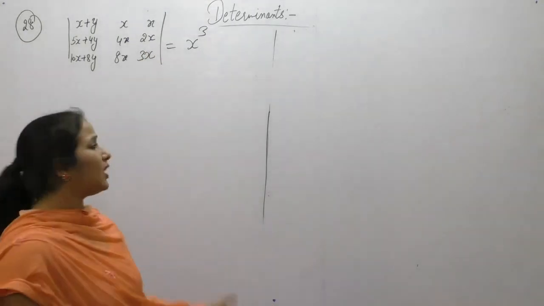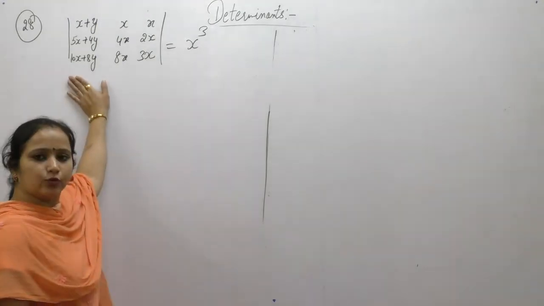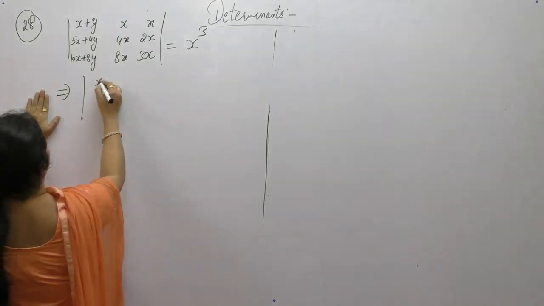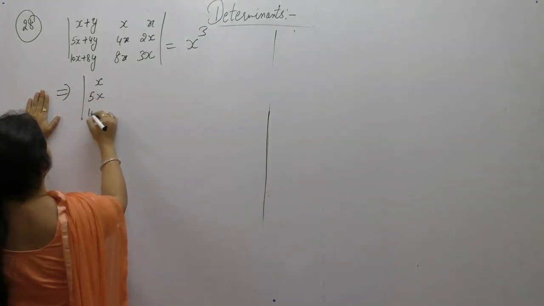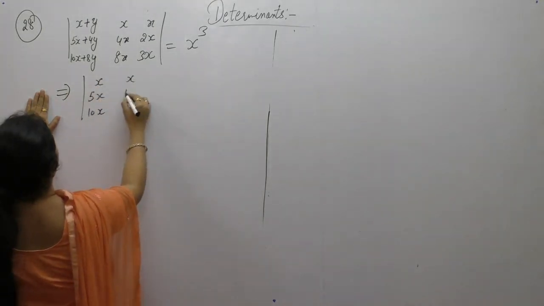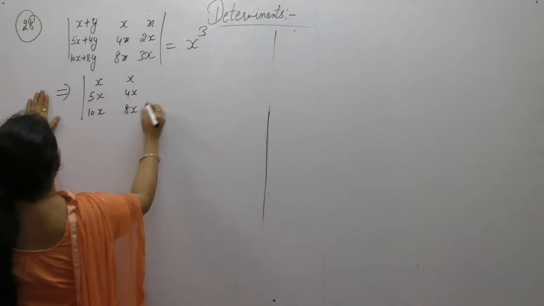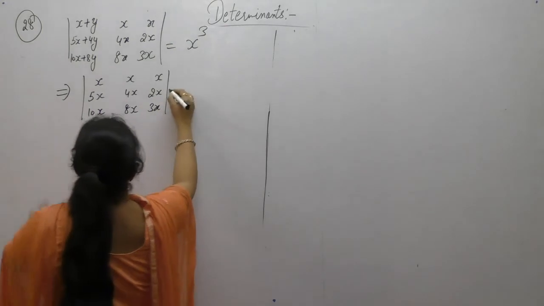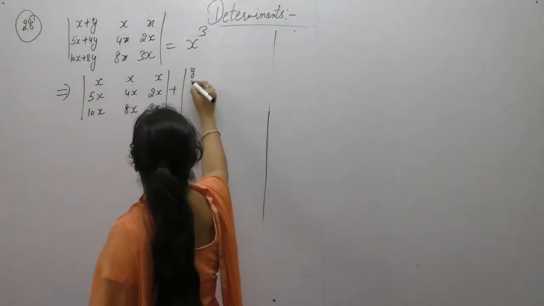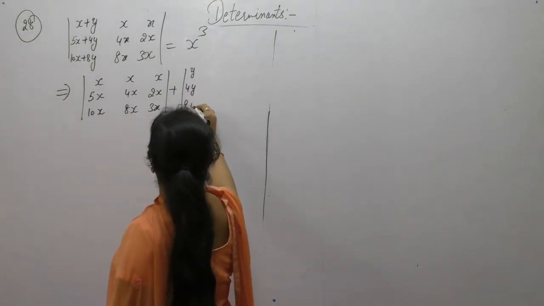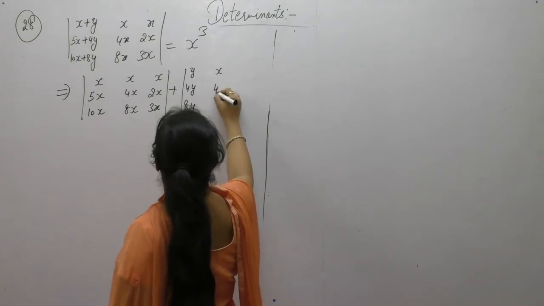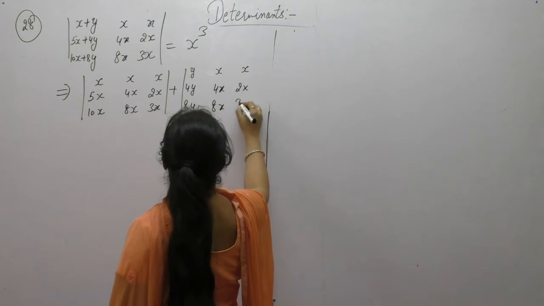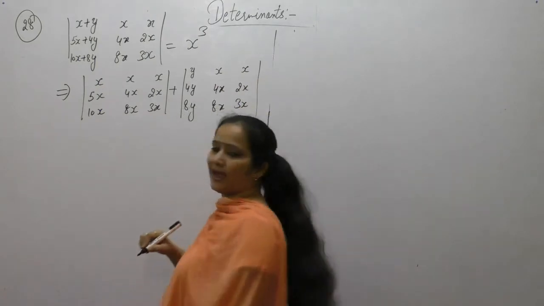Now in the first column, the terms are in sum of two terms. So separate these terms first. x, 5x, 10x, x, 4x, 8x, x, 2x, 3x, plus y, 4y, 8y, x, 4x, 8x, x, 2x and 3x.